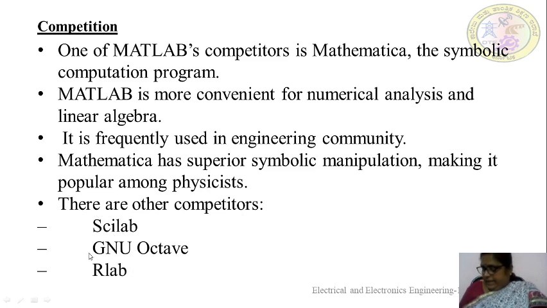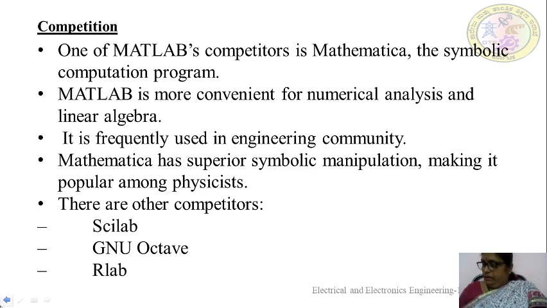Now what is Scilab? Scilab is a free and open source cross-platform numerical computation package and a high-level numerically oriented programming language. GNU Octave is software featuring a high-level language primarily intended for numerical computations.